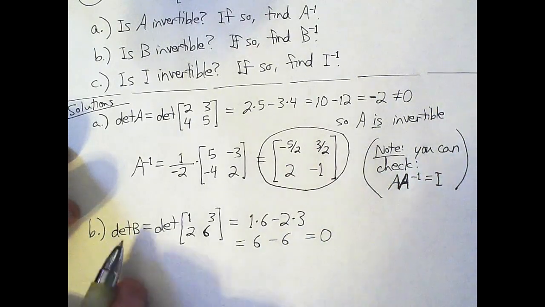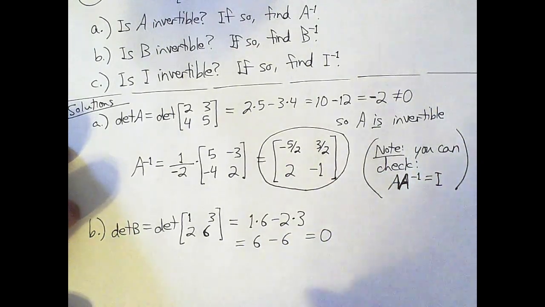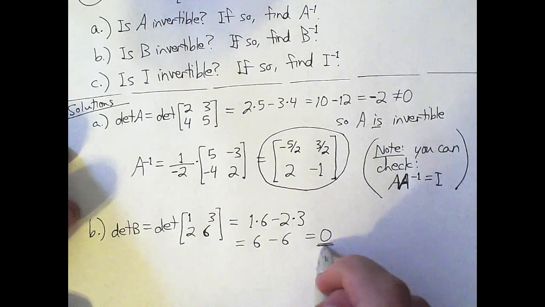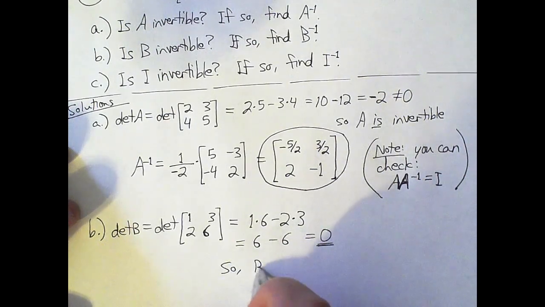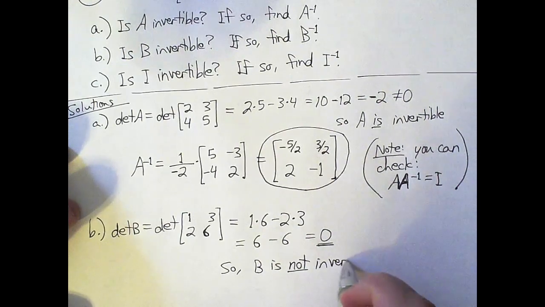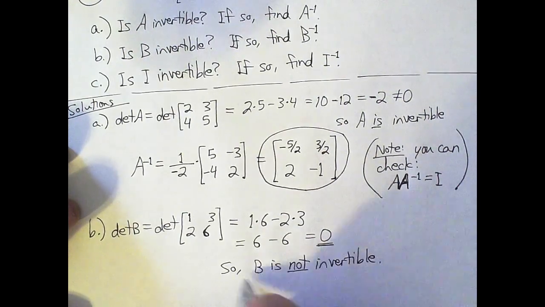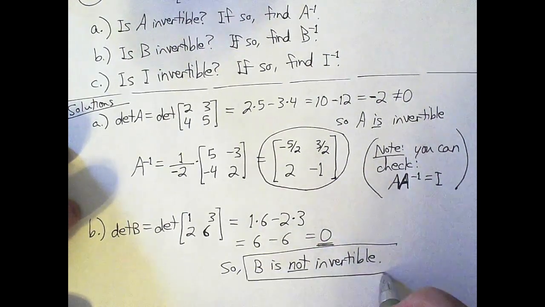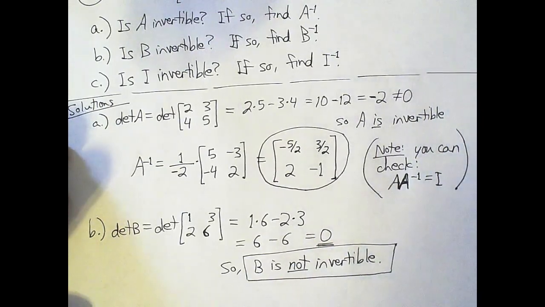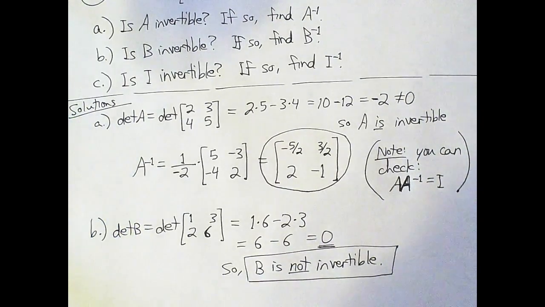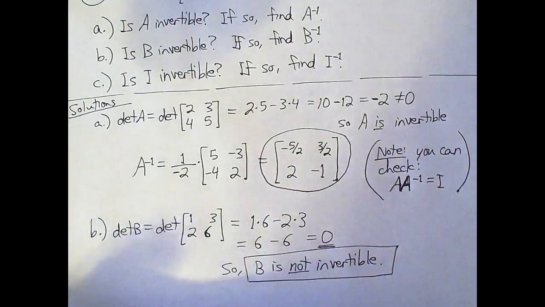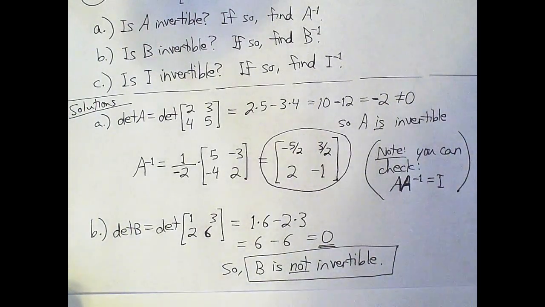And the determinant of B is 0. So B is not invertible. And that's it. That's the answer to the question, because we can't find the inverse if it's not invertible. I wanted to make sure that you saw at least one problem like that.